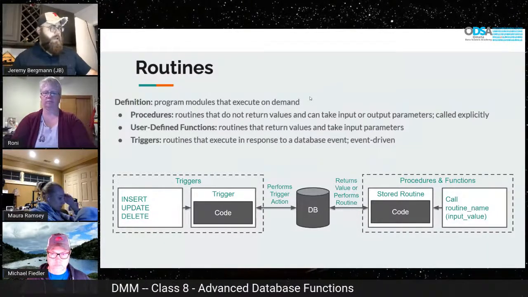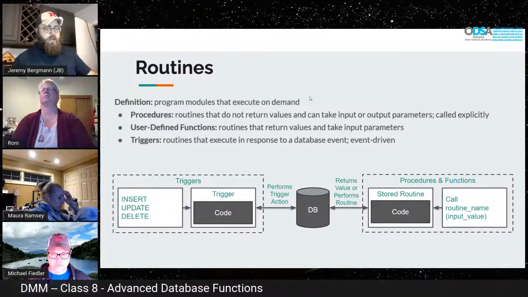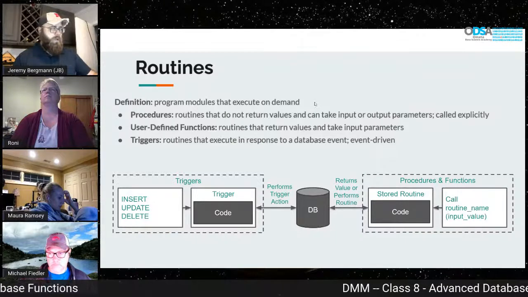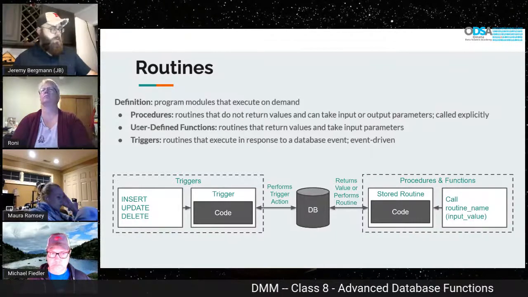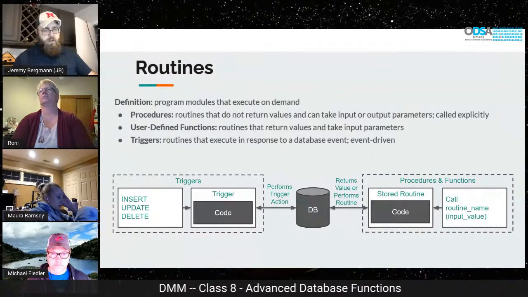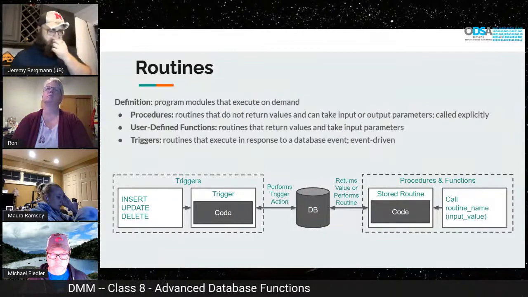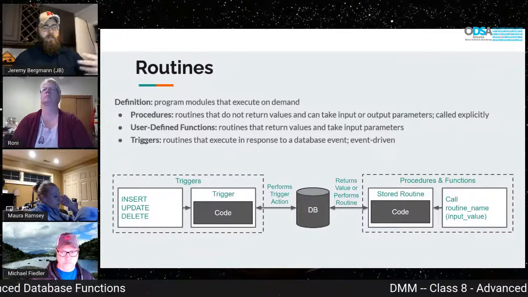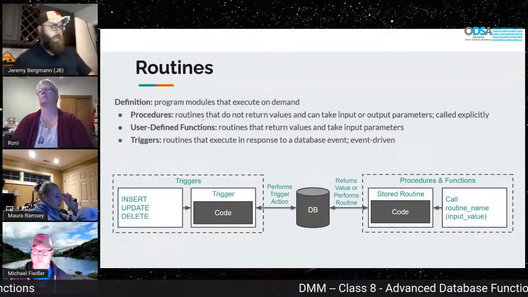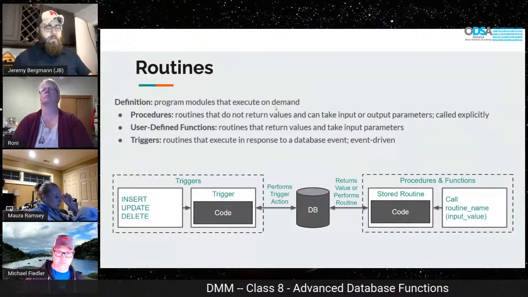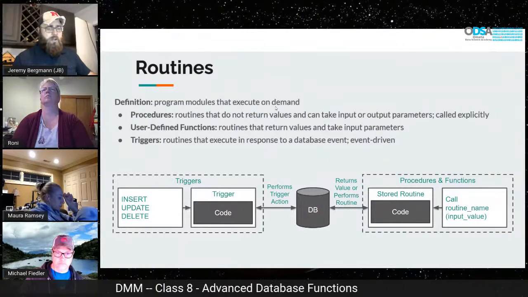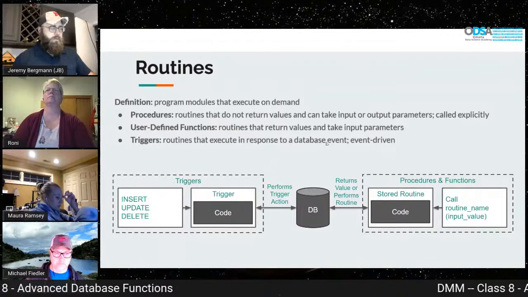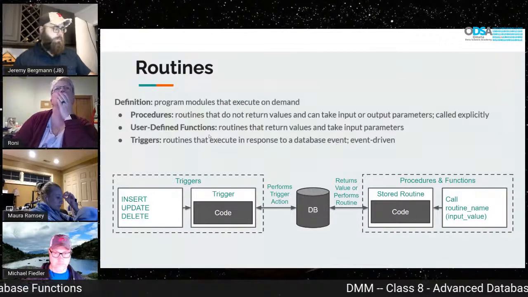These are things that the user can create and program using that procedural language, where you can call a procedure, call a function. You kind of call a trigger, but you place a trigger. That's more placing it, and then when an event happens, it happens. But these are things that execute on demand, either based on the user calling them, like a function, or a trigger of some type of database event.